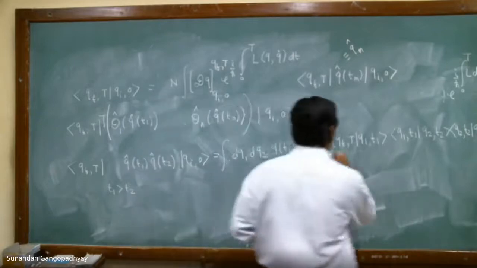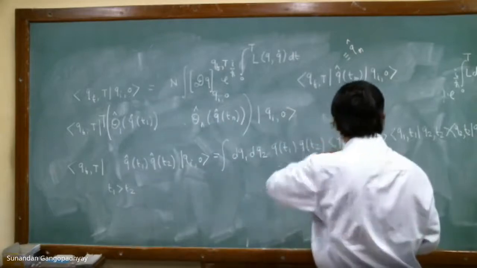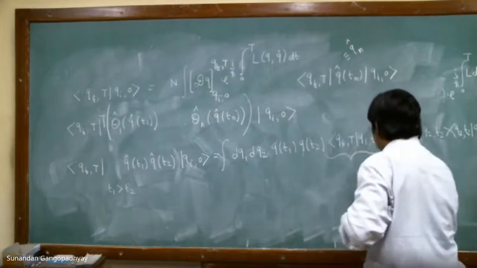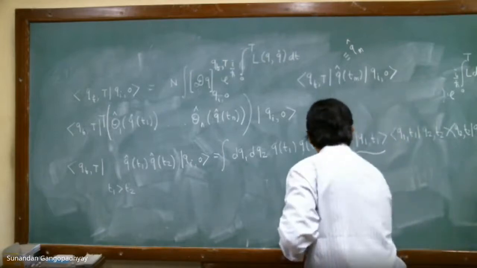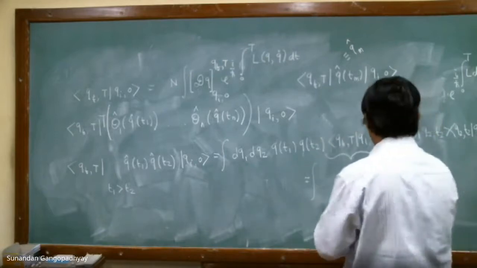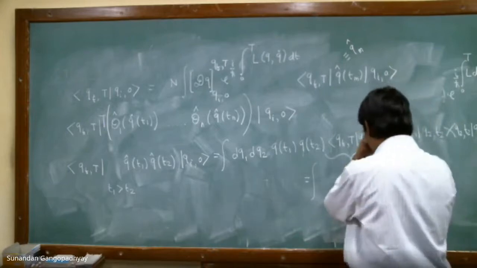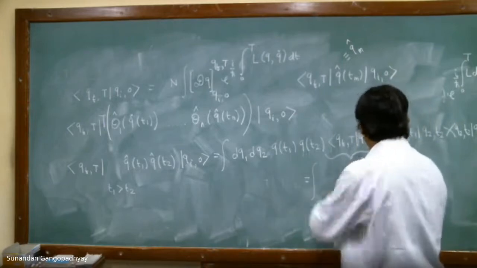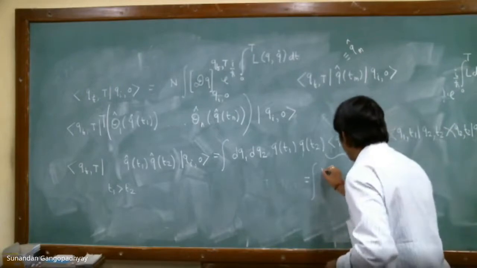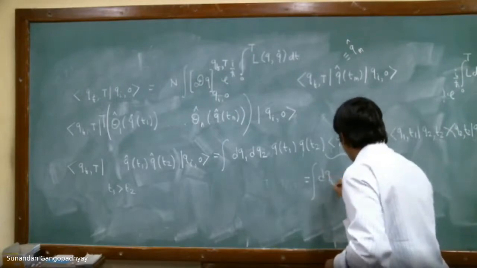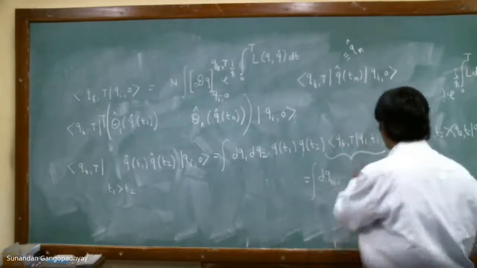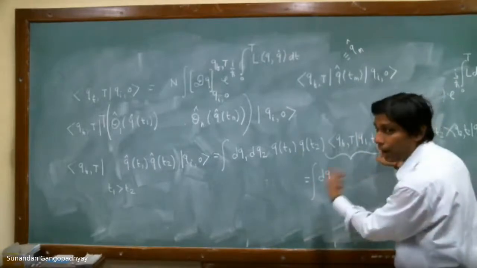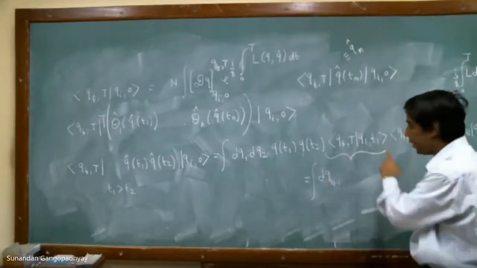Let us put in the expression for the propagators. So this is basically an integral. This will give you, from q1, so it will land up to dq_{n-1} and so on, to a time which is just the later step from T1, right?